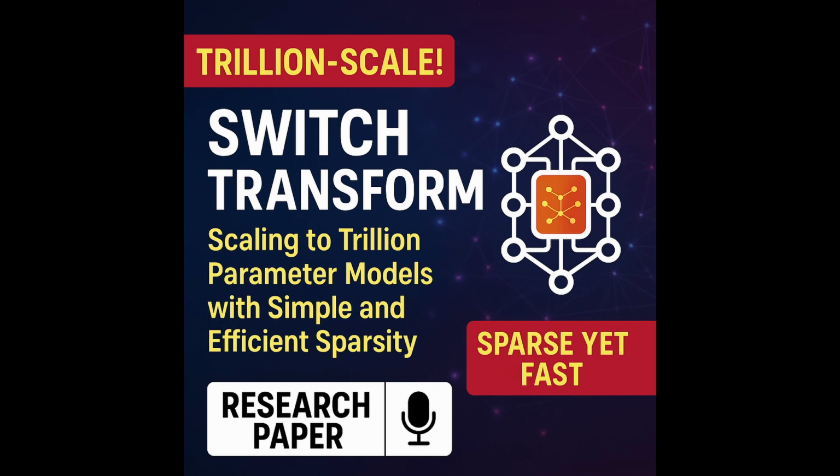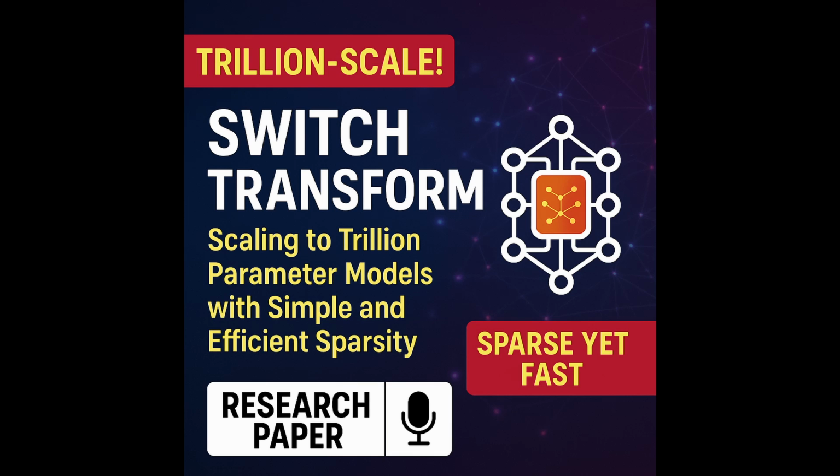That's counterintuitive. Yeah, it is. They also found that switch transformers work well even with a small number of experts. So you don't need thousands of experts to get benefits.